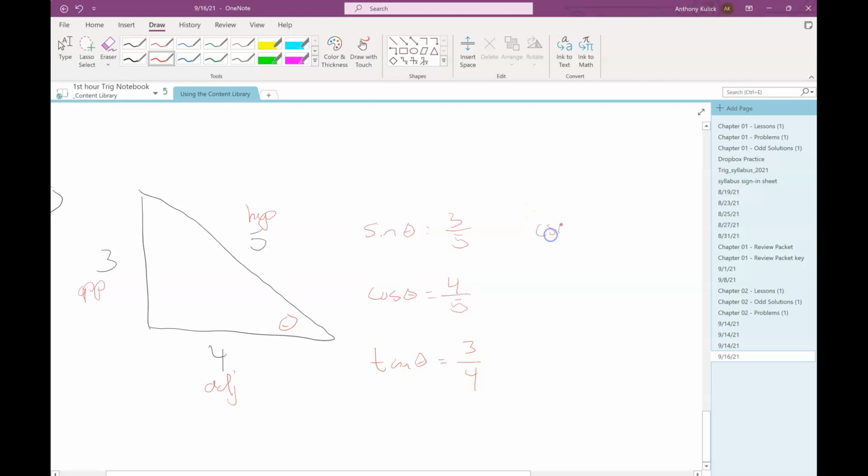And then the 3 new ones: cosecant is the reciprocal of sine, so it's hypotenuse over opposite. Secant is the reciprocal of cosine, so it's hypotenuse over adjacent. And cotangent is the reciprocal of tangent, so that's adjacent over opposite. So that's all we're doing, it's just writing the ratios, basically.